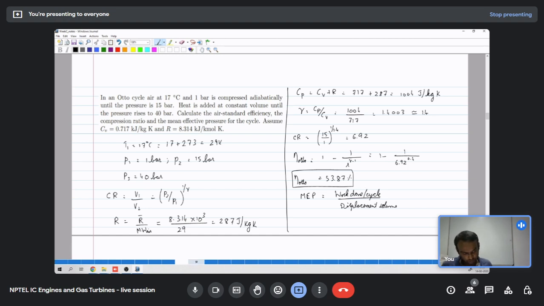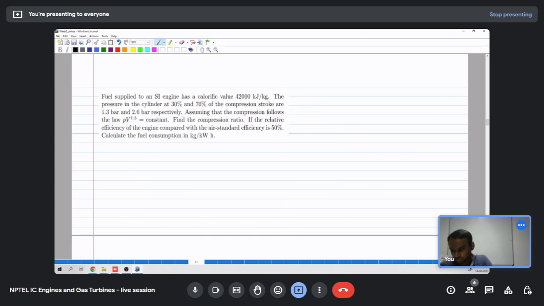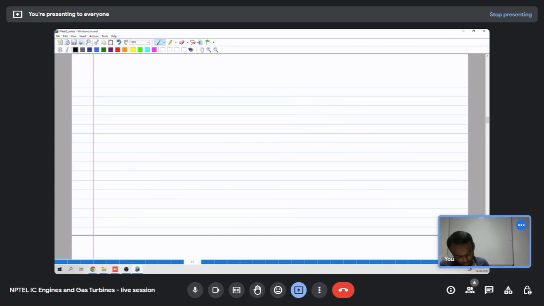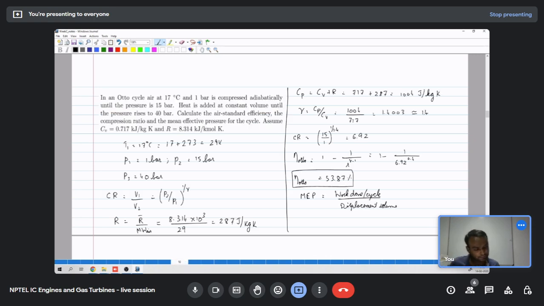So to calculate the work done per cycle, we can make use of the efficiency relation and the heat addition inputs. We were told that heat was added until 40 bar, so heat was added from 15 bar till 40 bar.